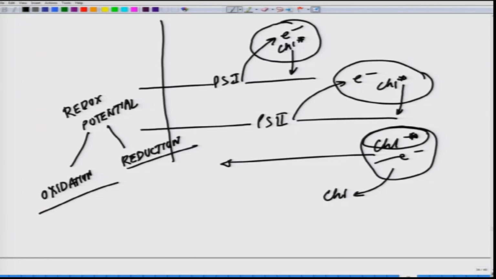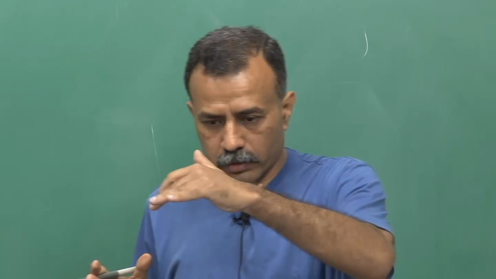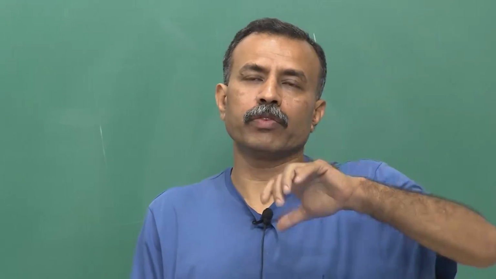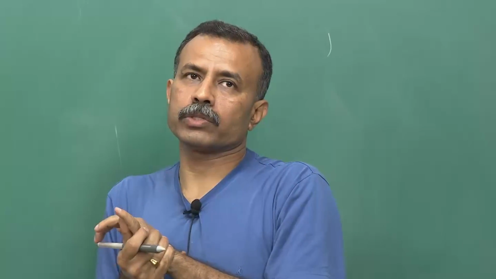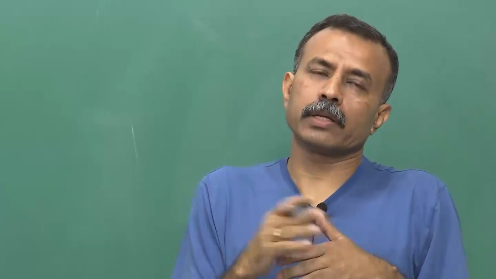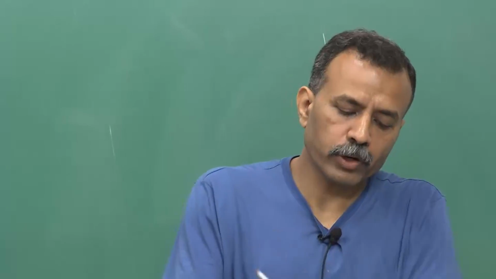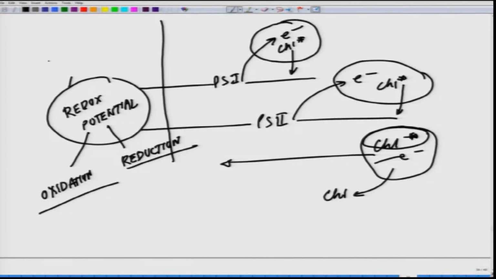This fundamental concept I wanted to highlight today, because it will come in very handy as we move on to how the energy is being transmitted from this electron to different kinds of energy harvesting molecules, and how this whole bioenergetics really comes into play. And this redox potential also brings you to the concept that they are sitting at different work functions, and that was the reason why I told you that we need all these values of delta G and enthalpy and all those kinds of concepts to understand this.